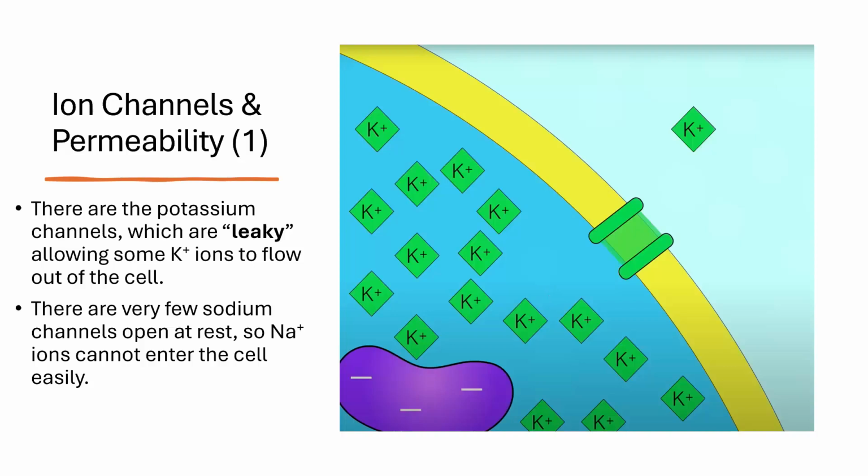There are very few sodium channels open at rest, so sodium ions cannot enter the cell easily. So basically we have more potassium running outside than sodium entering the cell.